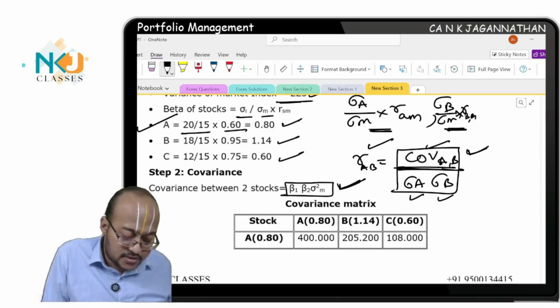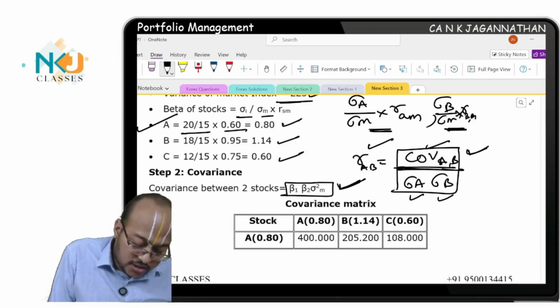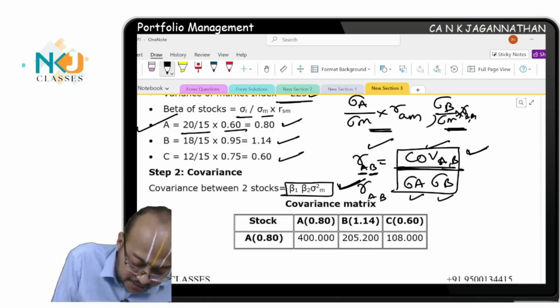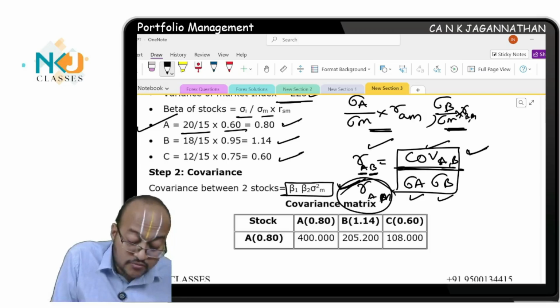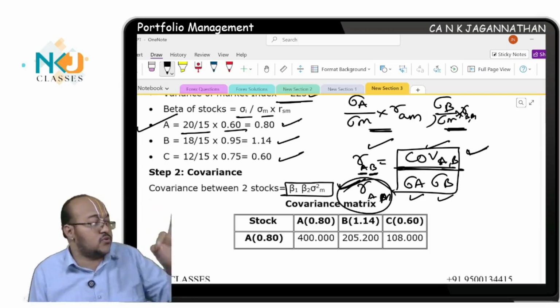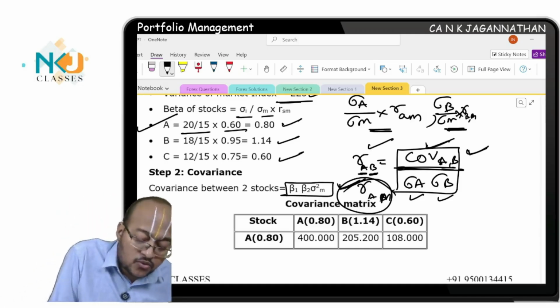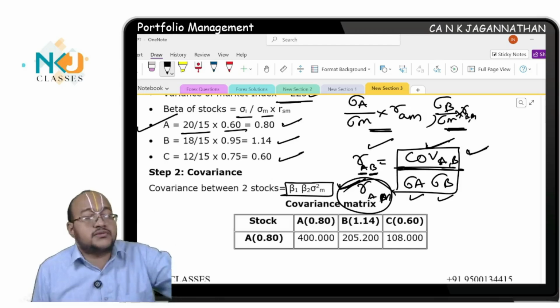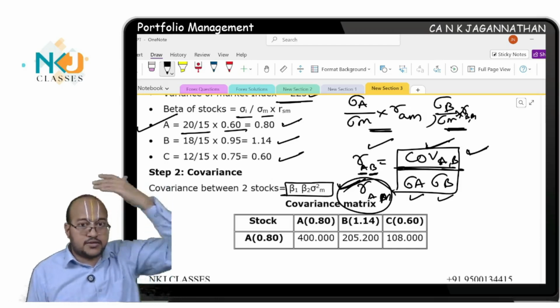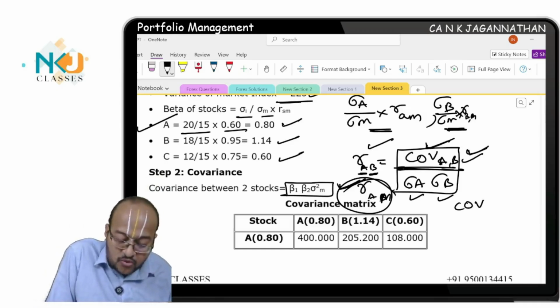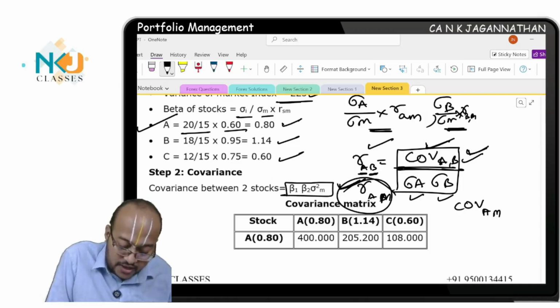But the problem here is, they have given a correlation between security and market, the respective correlation between the security and market is given. But you have been asked to find covariance of securities, covariance among securities. Are you all understanding the catch? So you cannot simply apply this formula, which means covariance of A and M, for finding covariance.